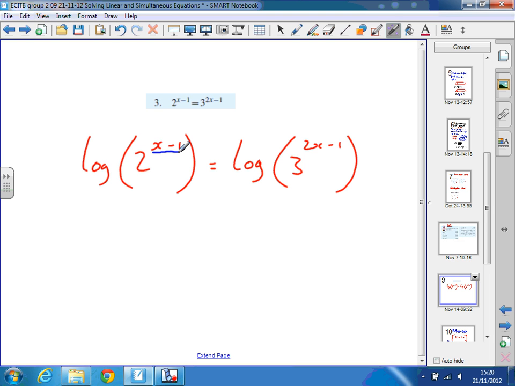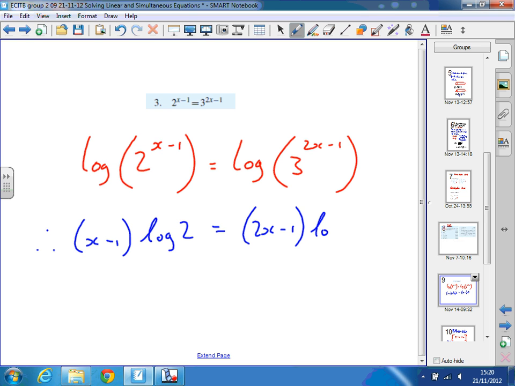So we say x minus 1 times the logarithm of 2 equals 2x minus 1 times the logarithm of 3. And if you want to, you can say it on the side because of the third law of logarithms. Okay?